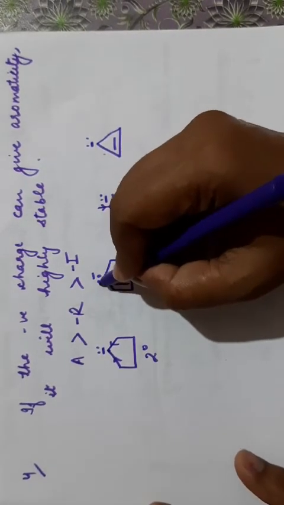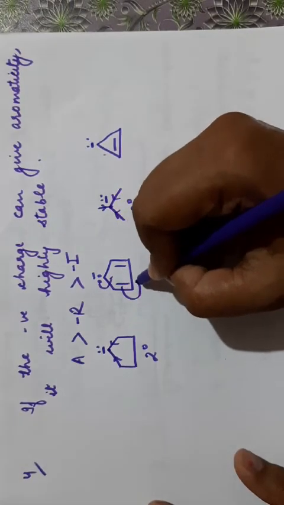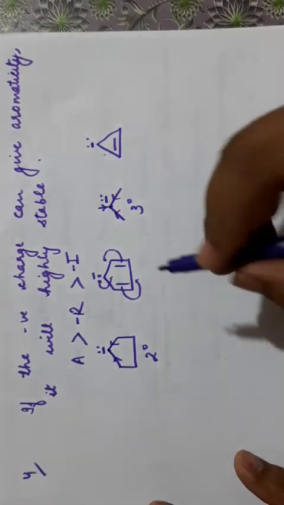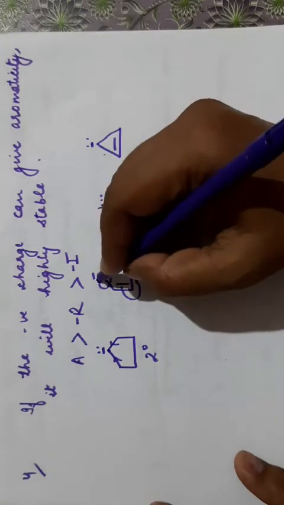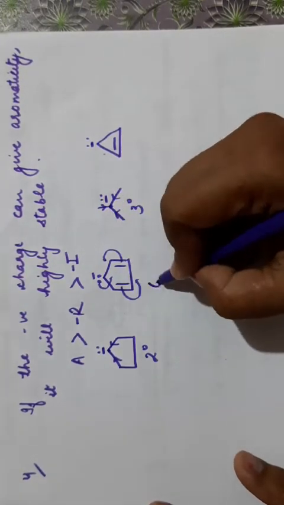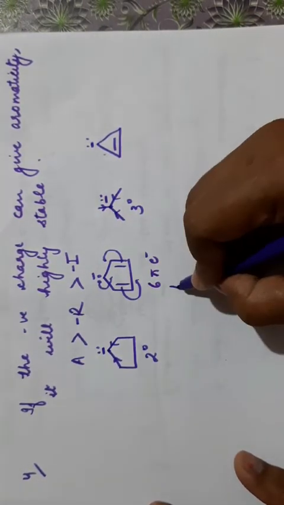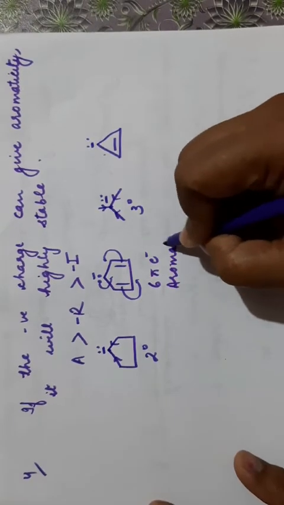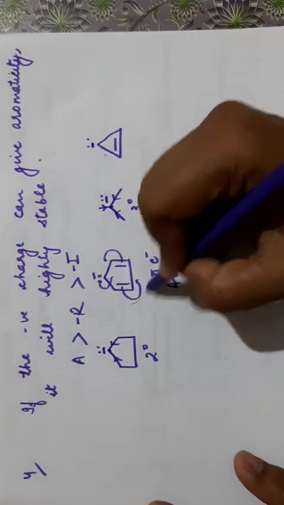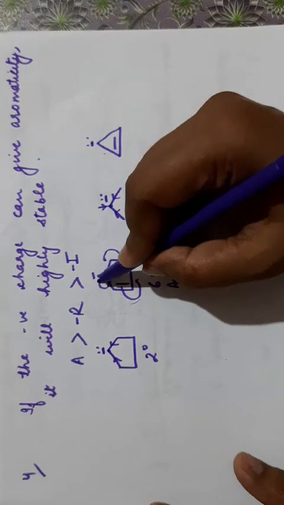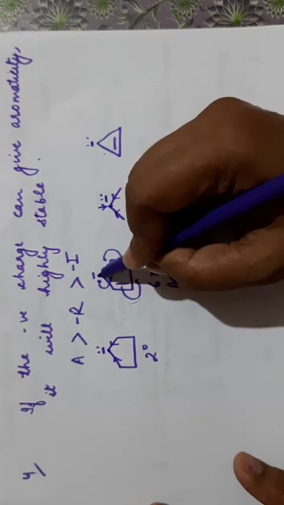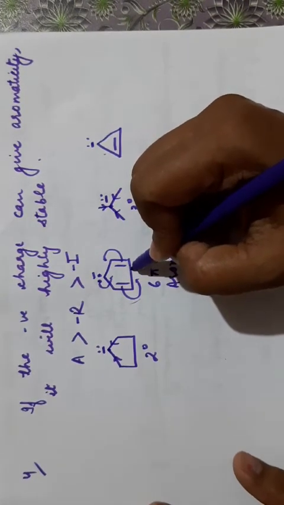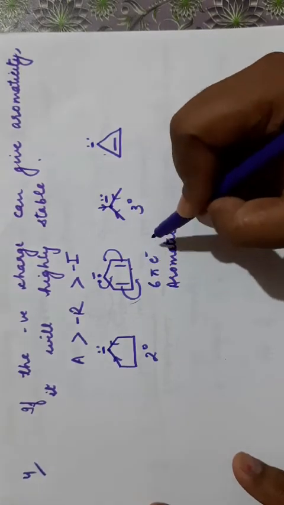Now here there will be delocalization. And due to this delocalization, what will happen? There will be 6 pi electrons here, and it will be aromatic in nature. Clear? So this system is aromatic in nature due to the presence of this negative charge or lone pair. It will be involved in resonance, and there will be a total of 6 pi electrons.